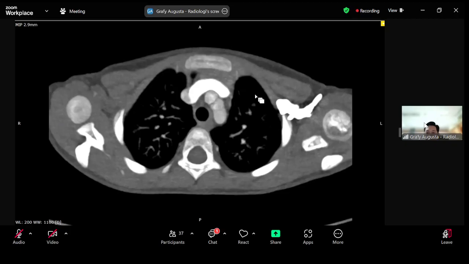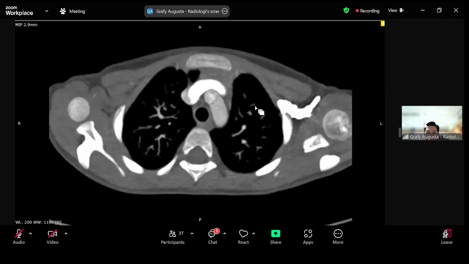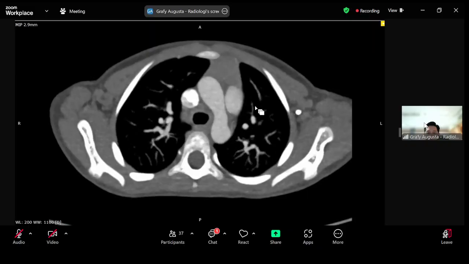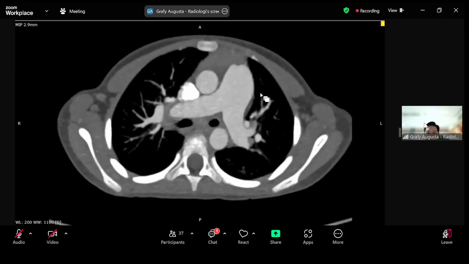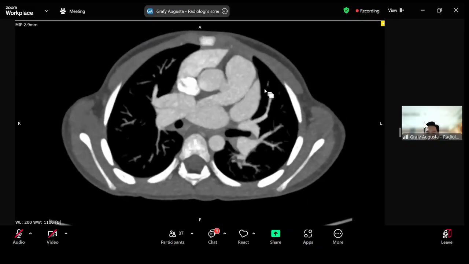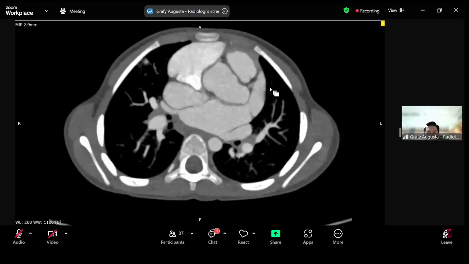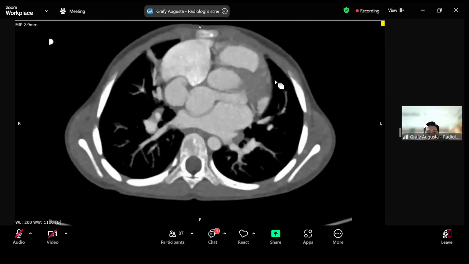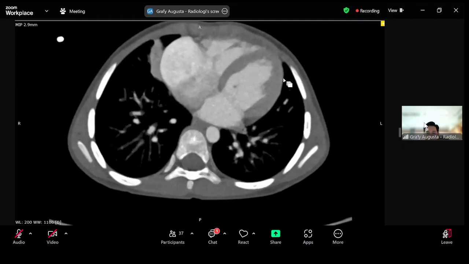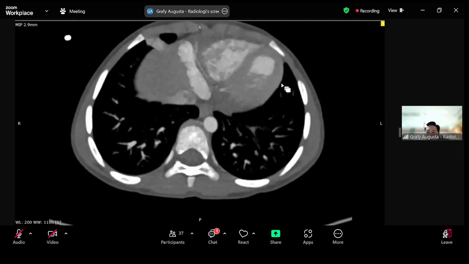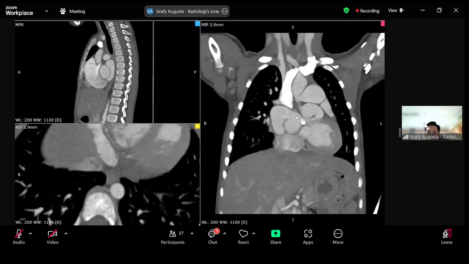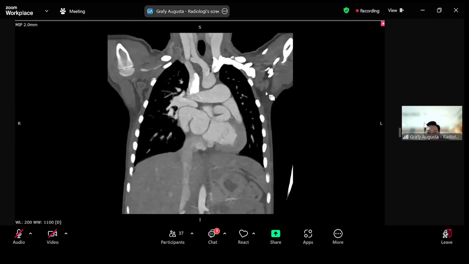This is the CT. First, I will roll down from cranial to caudal in axial plane. Okay, and next, this is for the sternal plane.